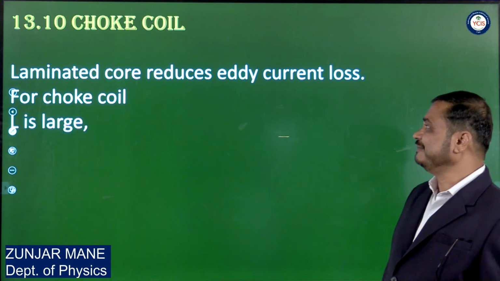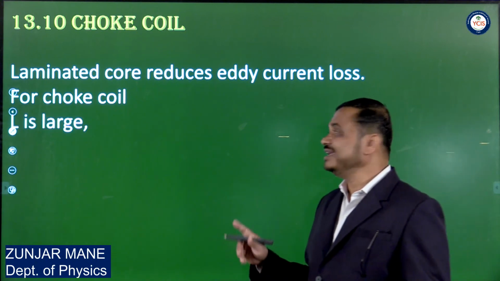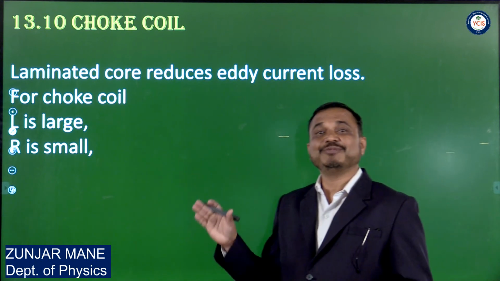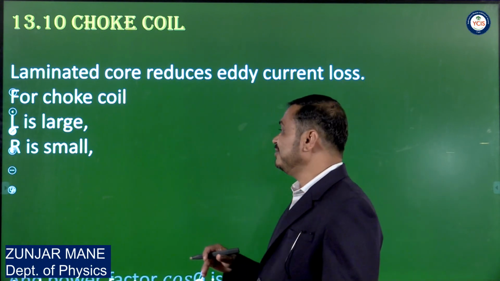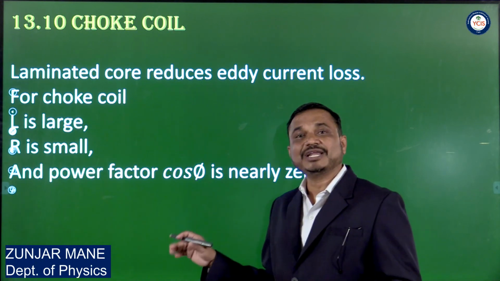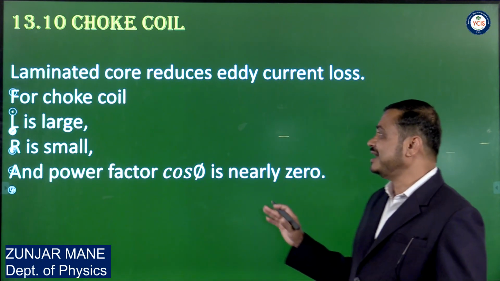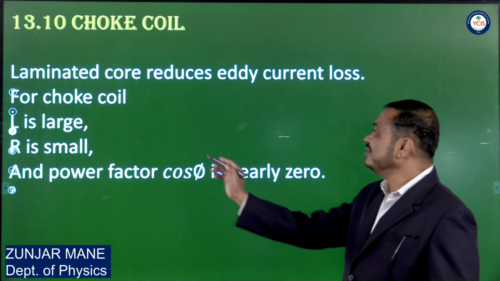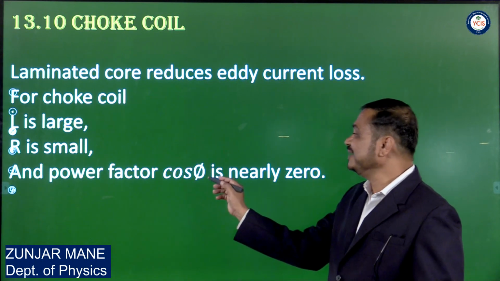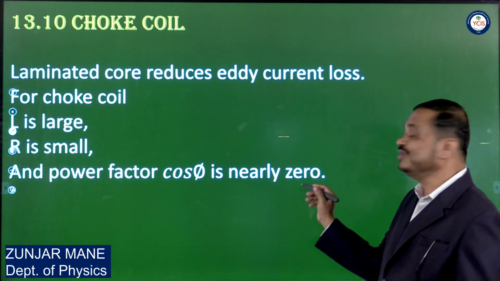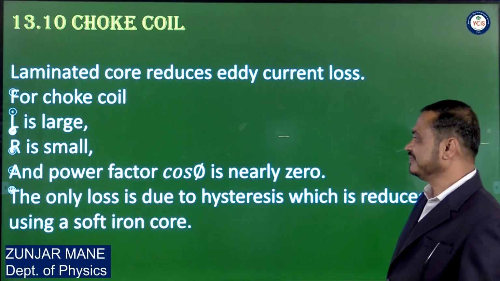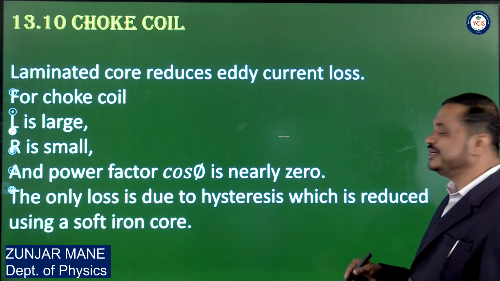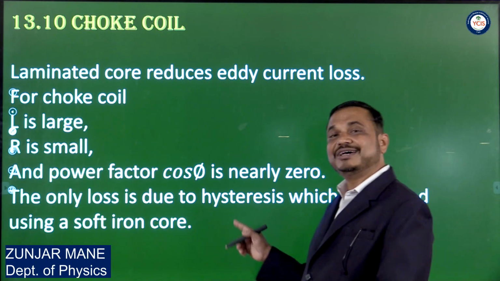For a choke coil, the inductance must be large and resistance must be small, therefore we use a thick copper wire. For power factor cos phi, as R is small or nearly 0 and L is large, phi will be 90, then cos phi will be nearly 0. The only loss is due to hysteresis, which is reduced by the soft iron core.